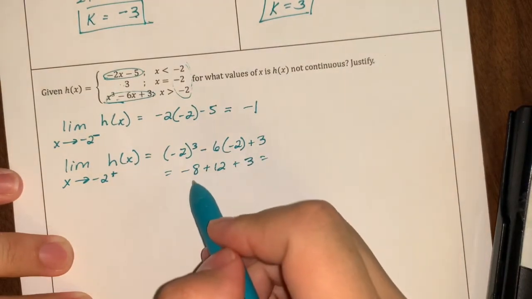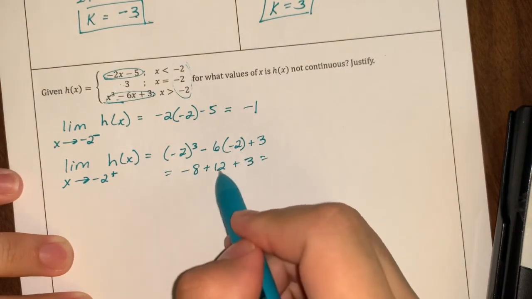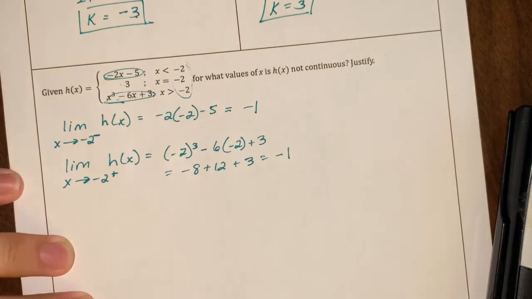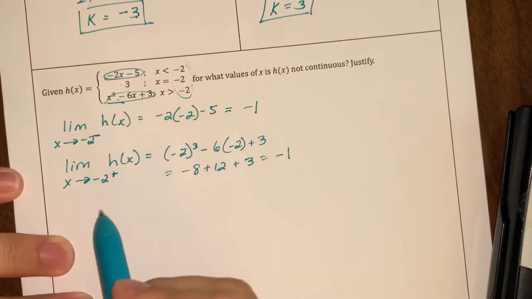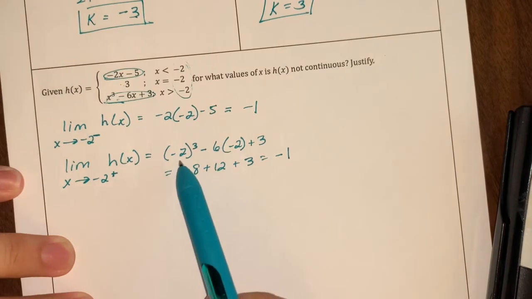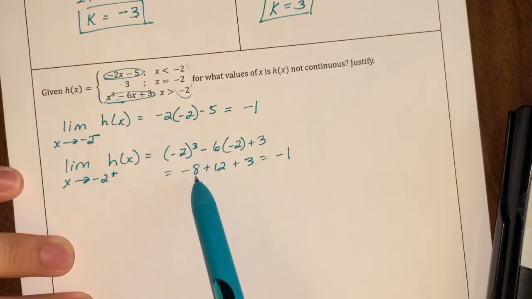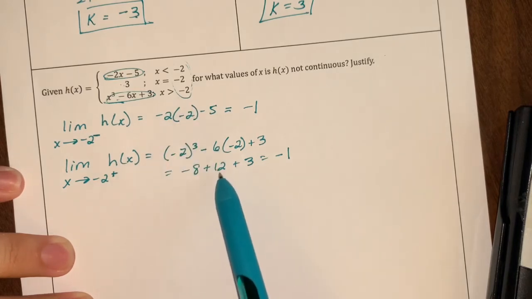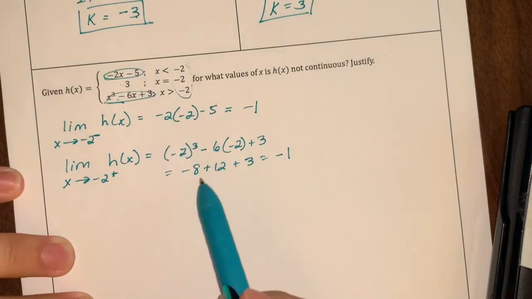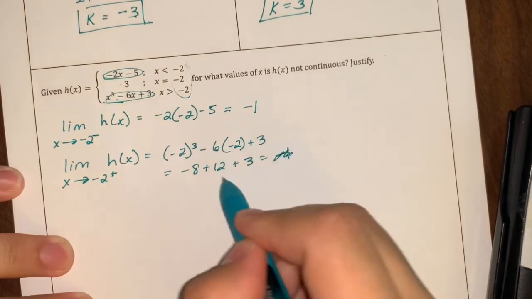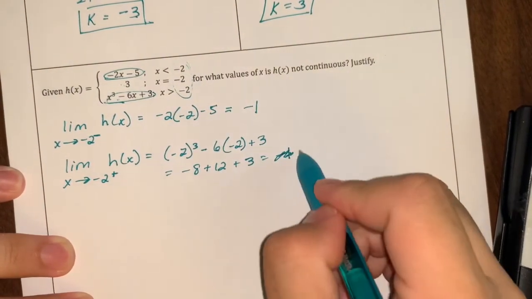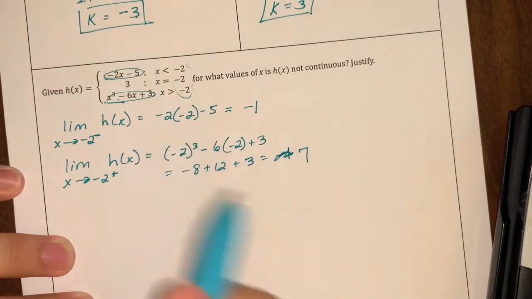Wait, did I even do that right? No, I'm sorry. -8 minus 12 is -4... actually, -8 plus 12 is 4. 4 plus 3 is 7. Wow. Sorry about that.